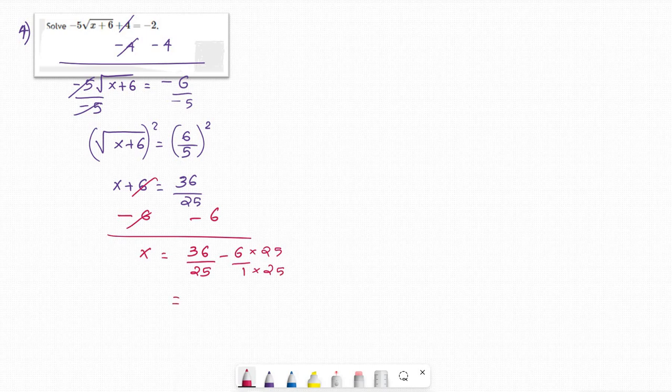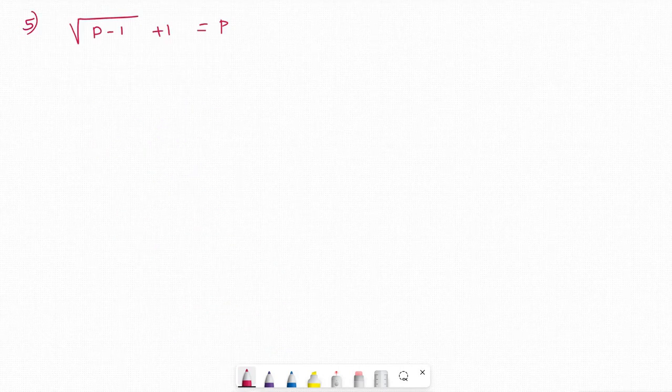So this will be 36 over 25 minus 150 over 25, 25 times 6 is 150, and that is equal to 114 divided by 25, and it will be negative. Got it? Yes, that is the value. So that is the solution.